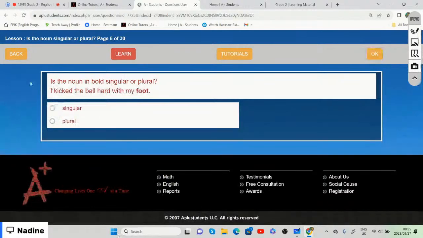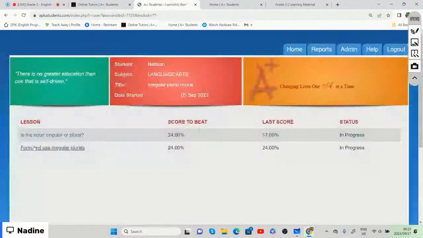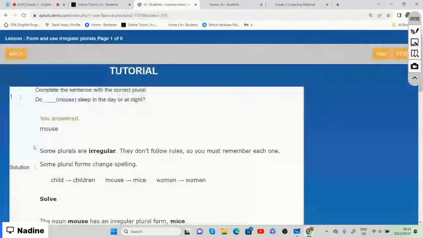All right, now we're going back and we're going to a new one that says form and use irregular plurals. The next lesson, right? This is our second lesson. And we're going to form and use irregular plurals. Remember, with irregular plurals, we do not follow rules.